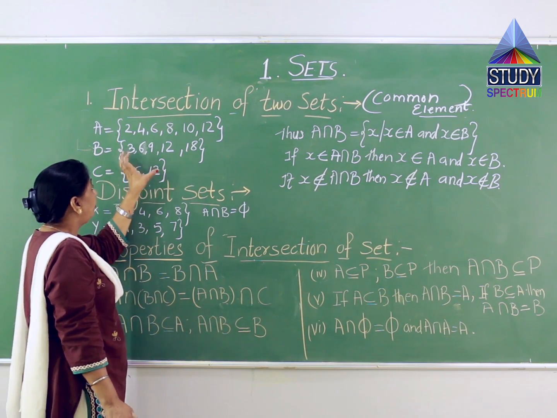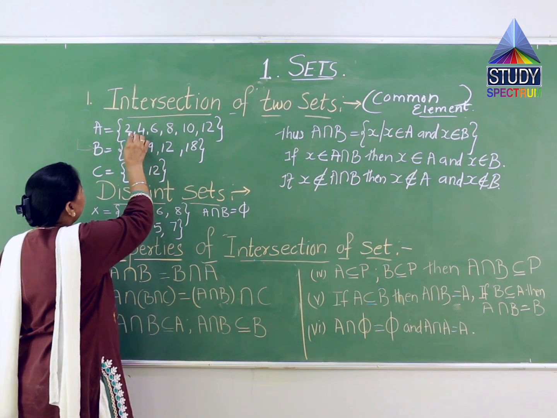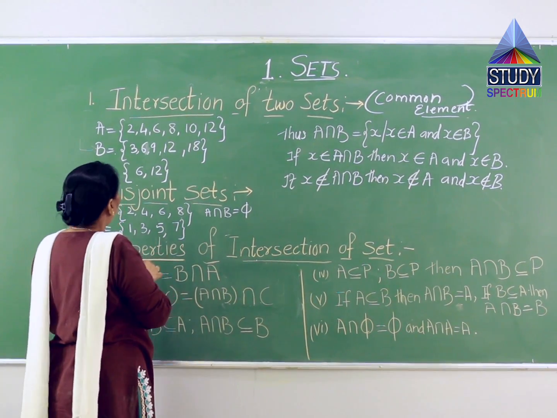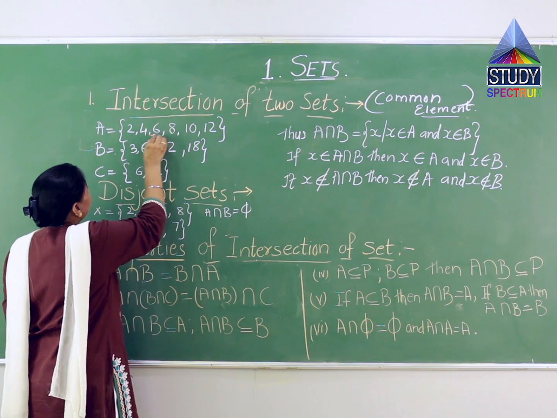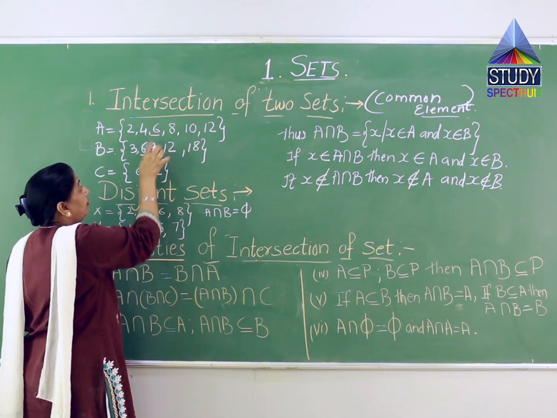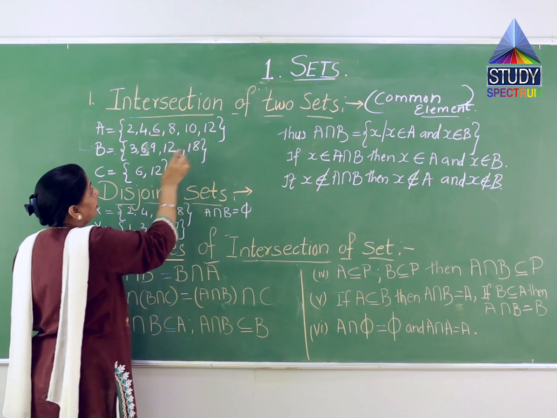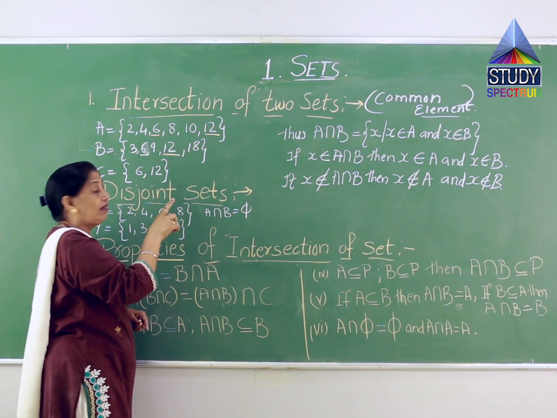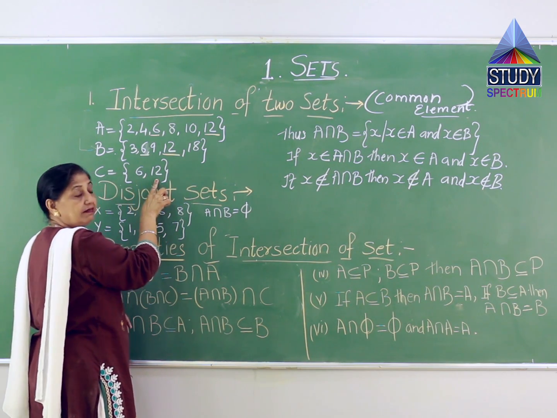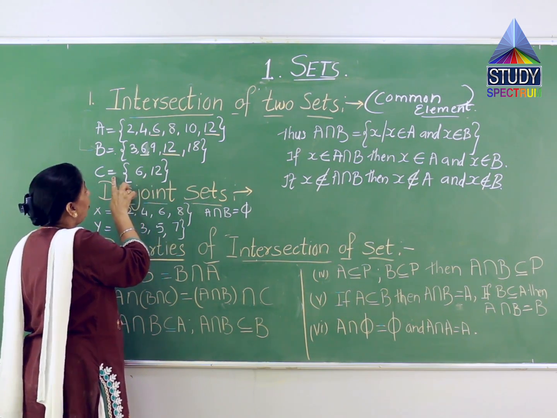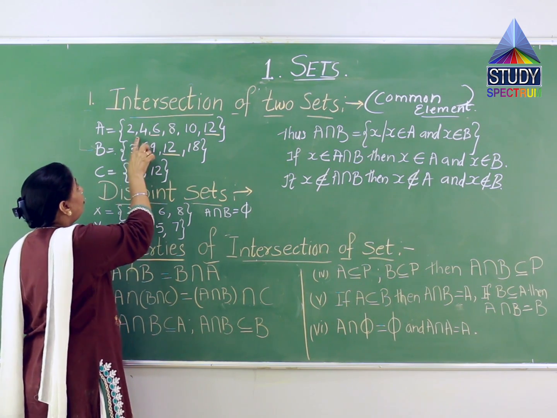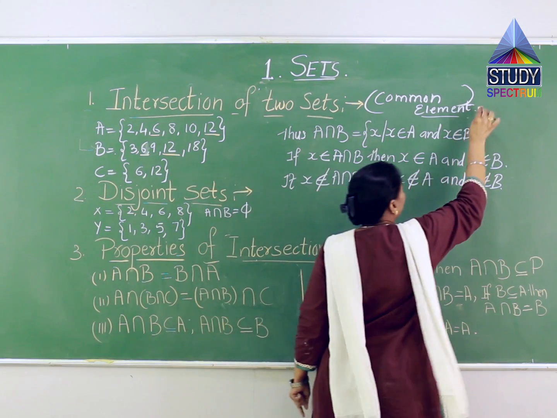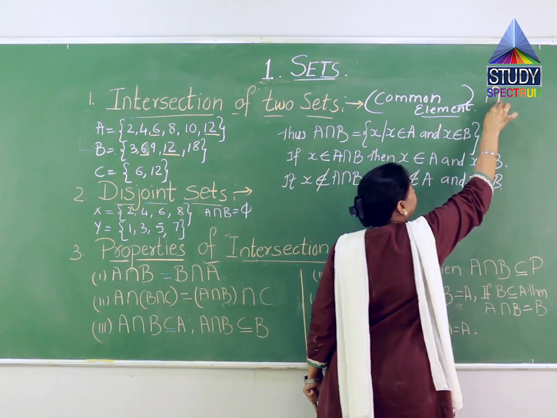Now what you can observe here, in sets A and B, when I consider both the sets, is that the number 6 is present in both the sets, right? And the number 12 is also common. Now these numbers 6 and 12 are here in set C. So I can call this set C the intersection of A and B. Intersection of sets is always denoted by this sign.